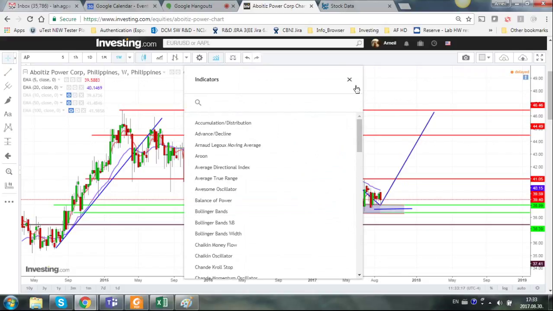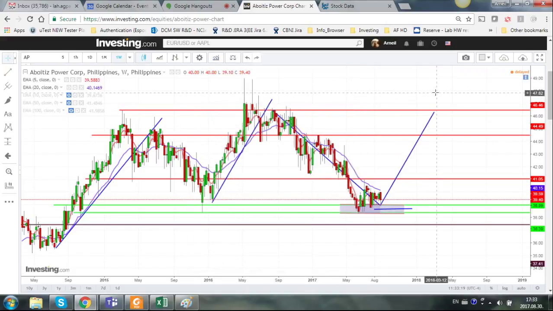So, anong company yung gusto mo, mayroon ka bang request? Yeah, Meralco. Meralco has just announced their dividend payment at September.